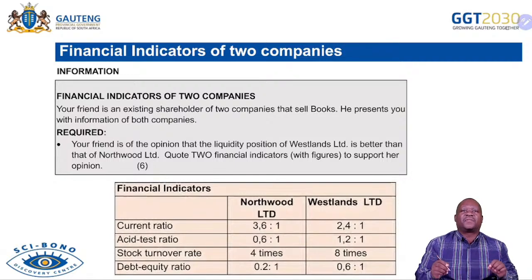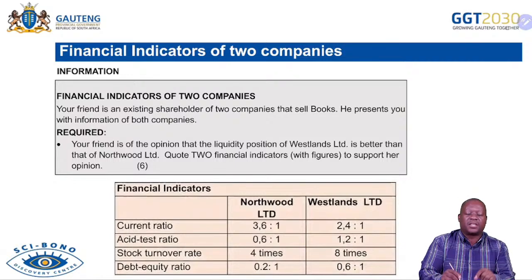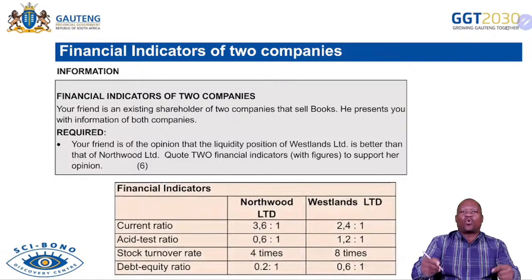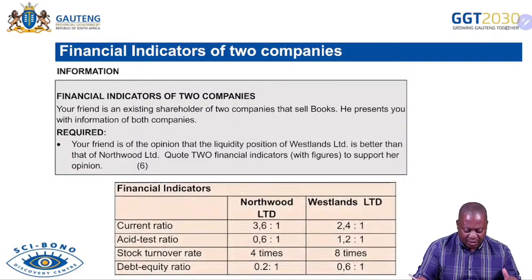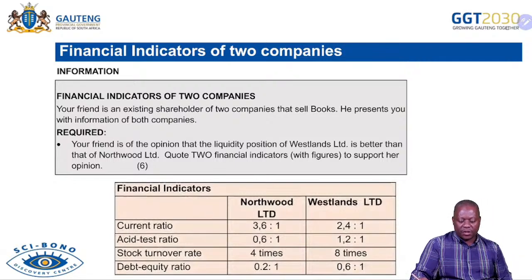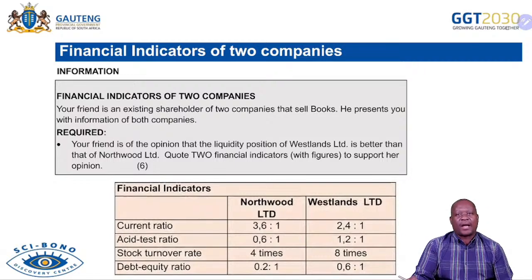So the first thing is to identify ratios that are required for us to be in a position to comment on whatever we are expected to comment on. Now let's look into the current ratio. Westland 2.4:1, Northwood 3.6:1.